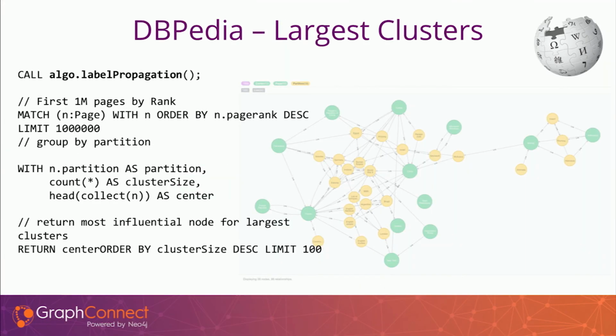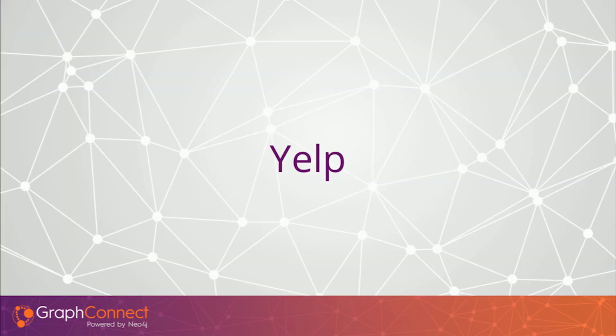Okay, the next graph. You can also do clustering on DBpedia by asking what the most occurring clusters are, and then, for instance, use that to visualize the central nodes of each cluster in Neo4j.